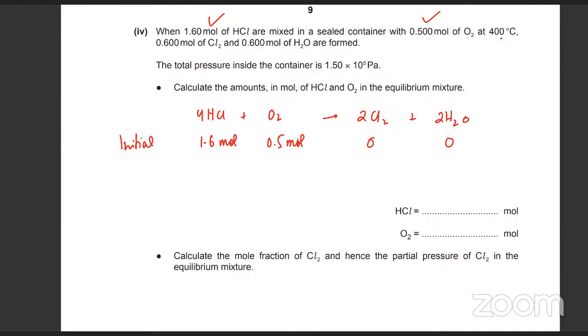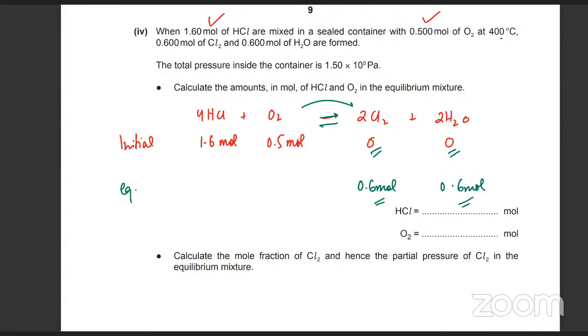So when he checked at equilibrium, he found out that 0.6 moles of both of them got formed. That means the forward reaction happened. It was a reversible reaction, but it means they were 0 at the start and suddenly 0.6 formed.